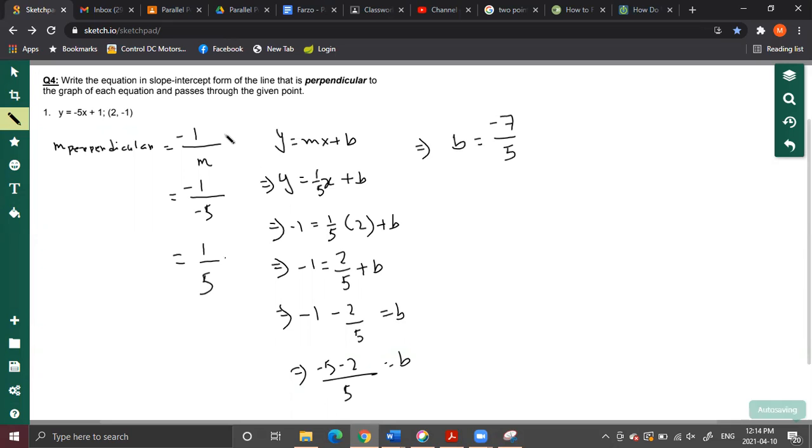So we found our b, we found our slope. So I'll be just inserting that into the formula. y equal to mx plus b, and m is equal to 1/5, and b is equal to -7/5.